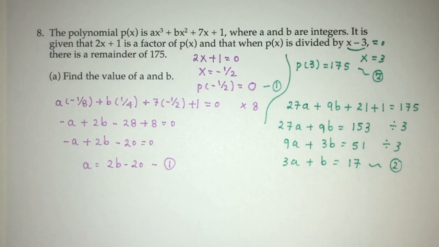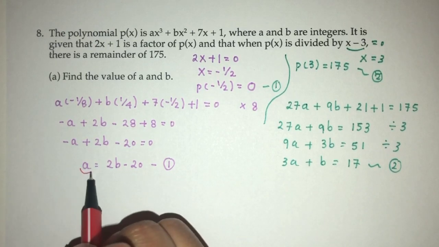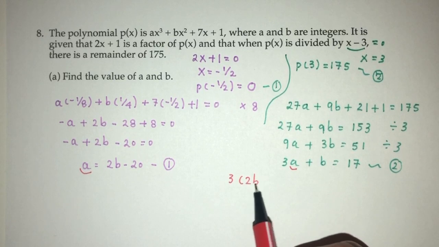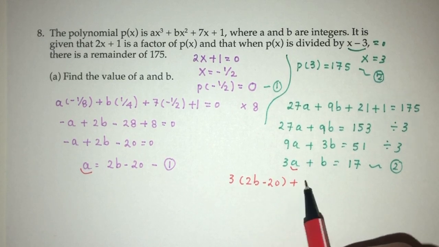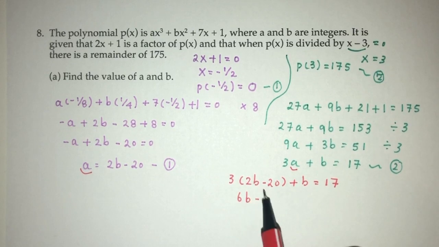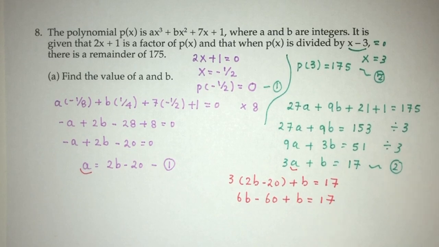Now you can see that we have two equations we can solve simultaneously to find the value of a and b. So here we have a, replace in here, so 3 times a is 2b minus 20, plus b has to be 17. 6b minus 60 plus b has to be 17.